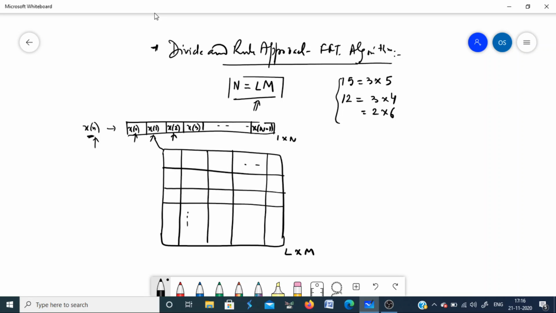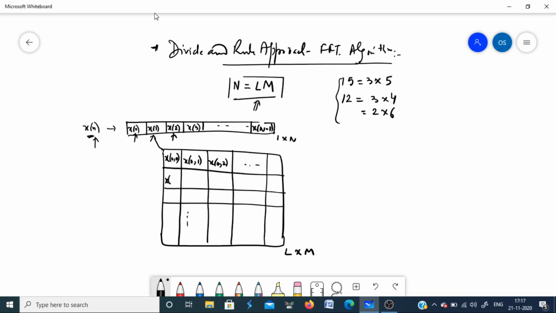So you have L rows and M columns. The first element of this matrix will be denoted x00, then x01, x02, and so on.